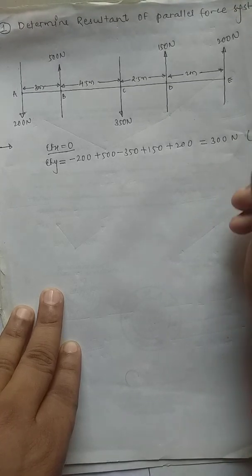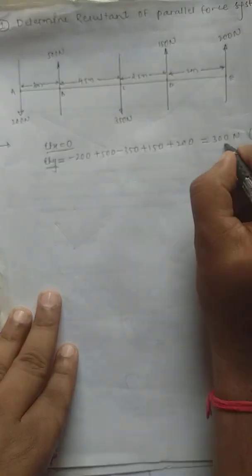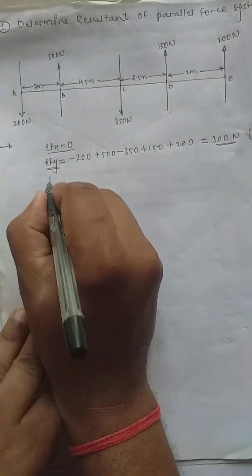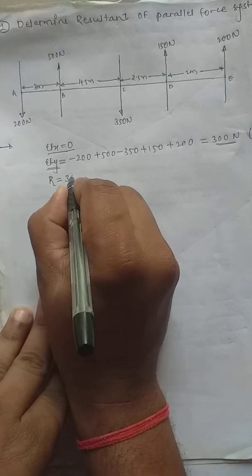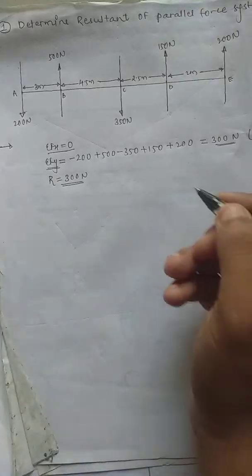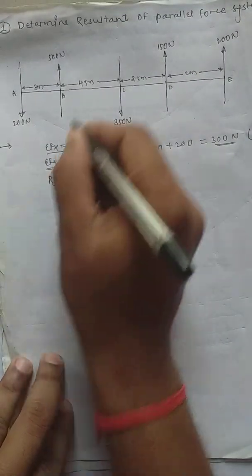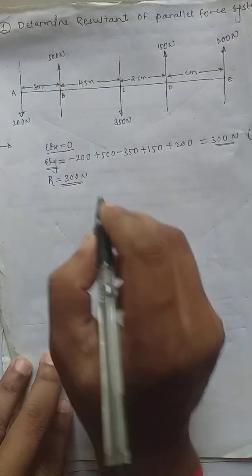Positive means it is in upward direction. As Fx is 0, Fy is 300 Newton, so the resultant will be 300 as it is. Even you can cross check. So the resultant value for this given parallel force system is 300 Newton.